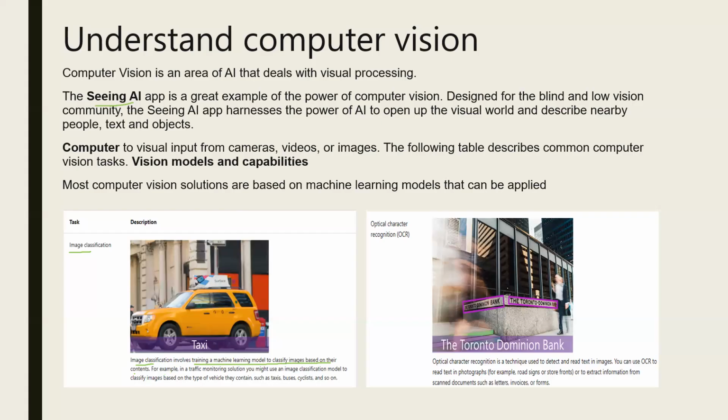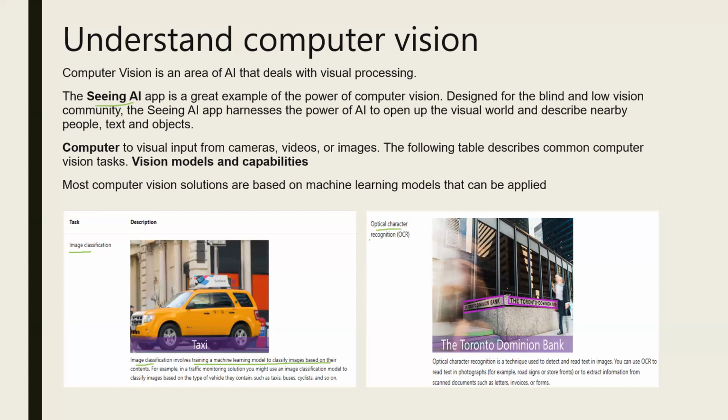Or when I want to identify what age group of people are passing through. So if I want to make predictions based on images, then we can use image classification.